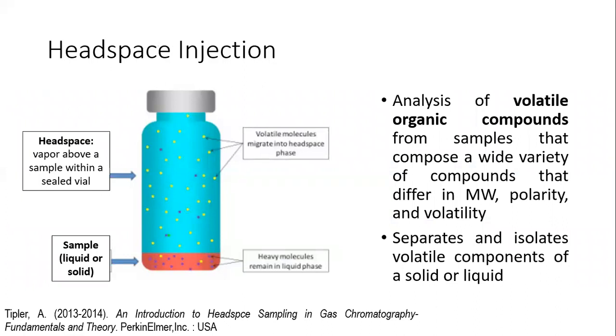If you're going to use headspace injection, basically in headspace injection, you are analyzing volatile organic compounds. Since ethanol, which is present in alcoholic beverages, is a volatile organic compound, you can use headspace injection to introduce it into the gas chromatograph.